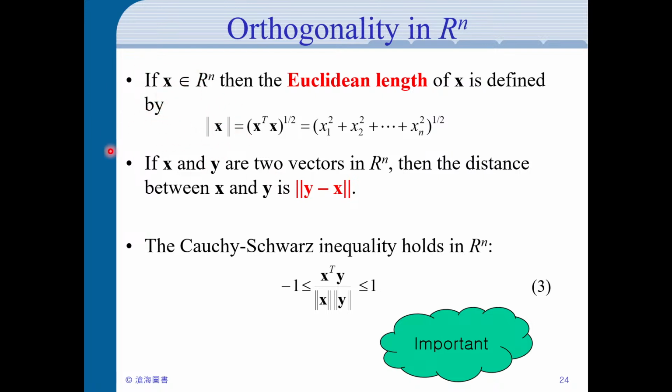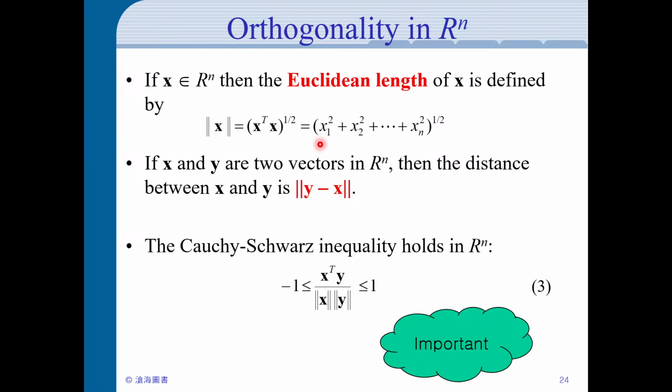The square root of the inner product of a vector with itself is its length in Rn, that is, x1 squared plus x2 squared plus all the way to xn squared, taking the square root. Although we cannot draw Rn, this seems like a pretty nice generalization of length, right?